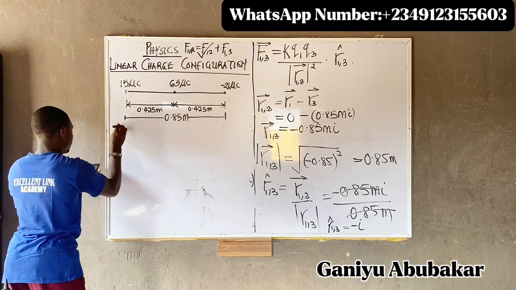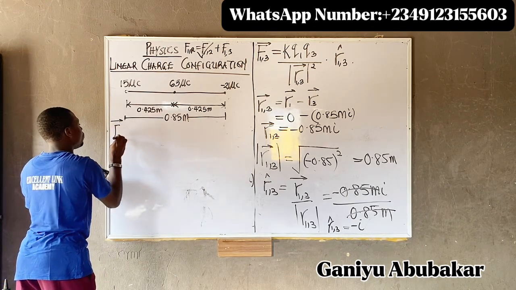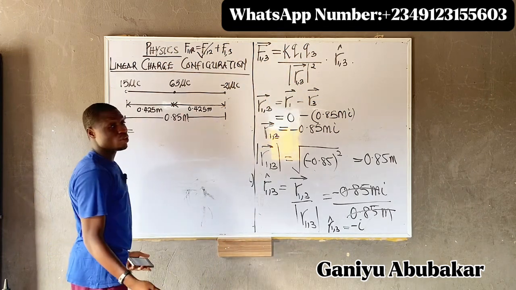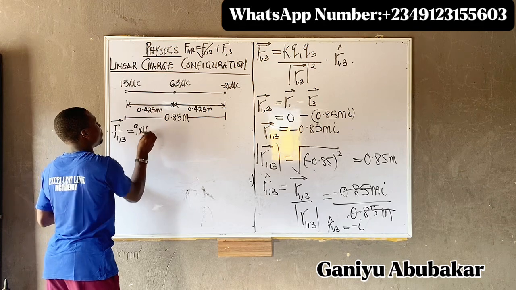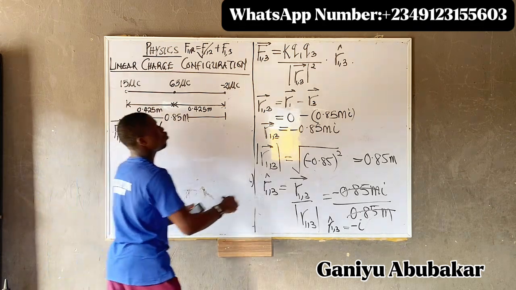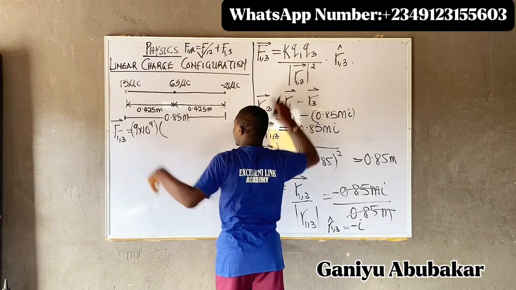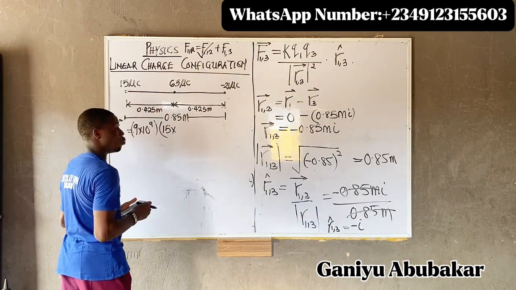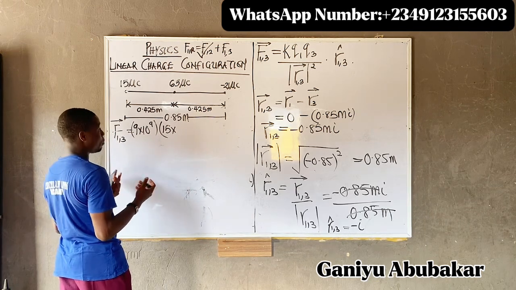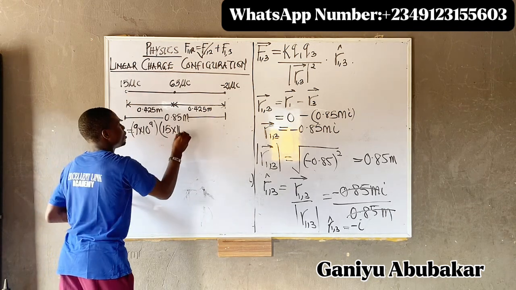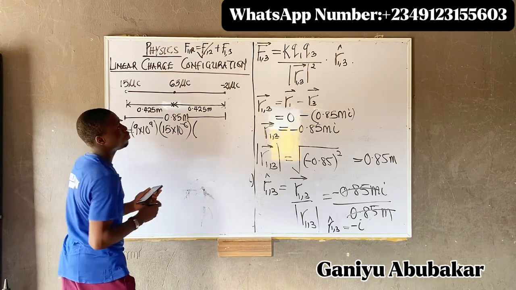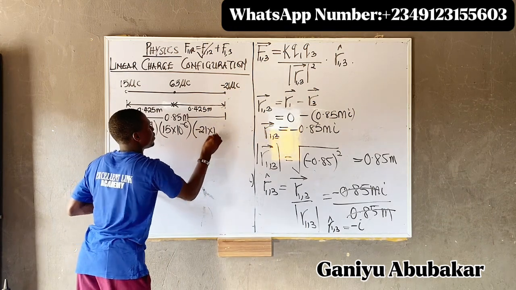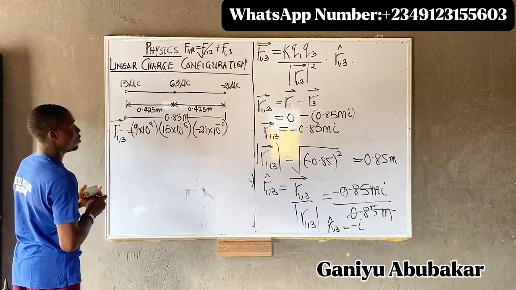F13 is equal to, first, K, the constant, which is 9 times 10 to the power 9, times Q1, charge 1, which is 15 micro, a constant value of 10 to the power minus 6, times Q3, charge 3, which is negative 21 times 10 to the power minus 6.